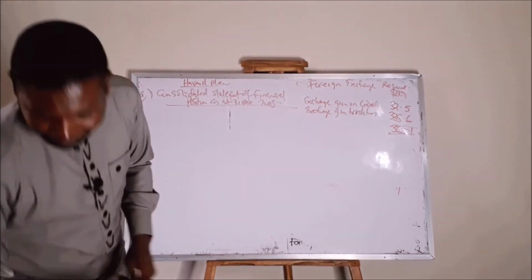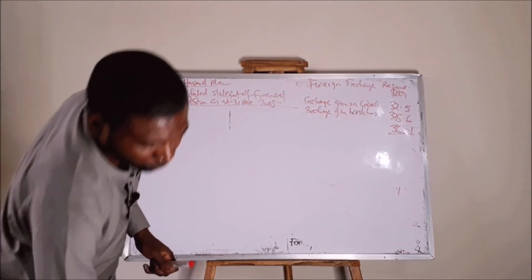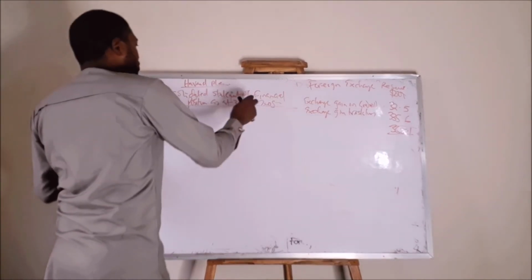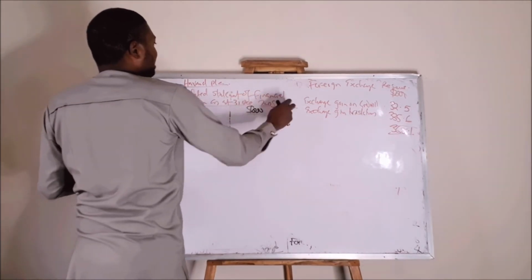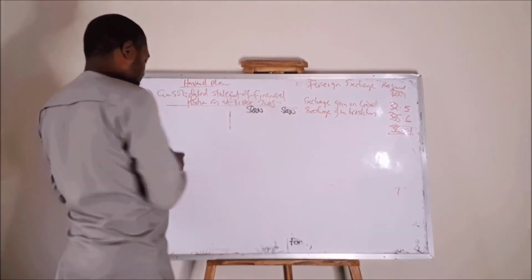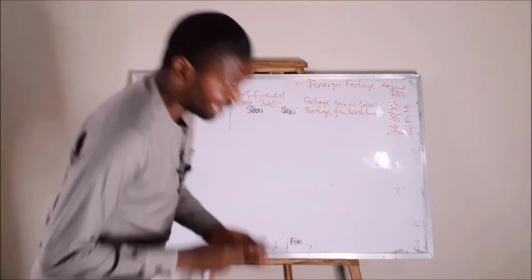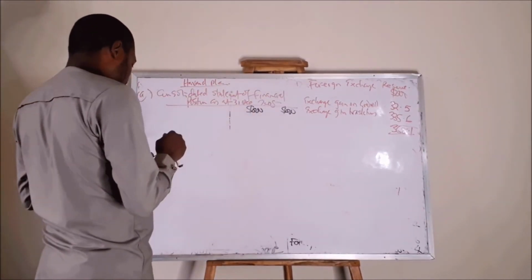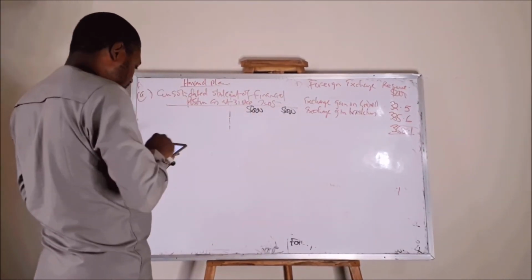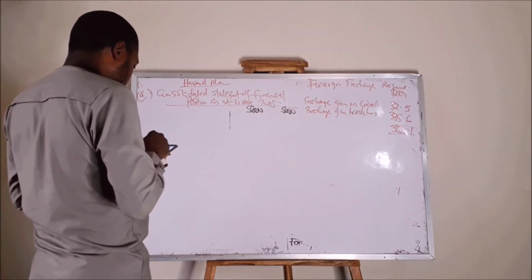Remember, it's in dollar. We are consolidating in dollar. So, in that case, we have our dollar signs. So, in that case, now go ahead and look at the consolidation.